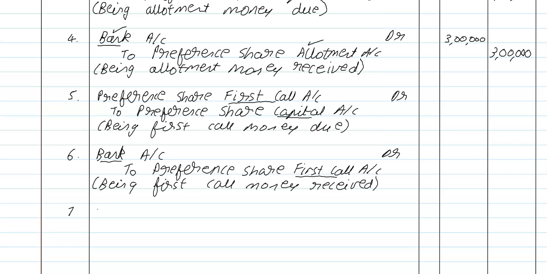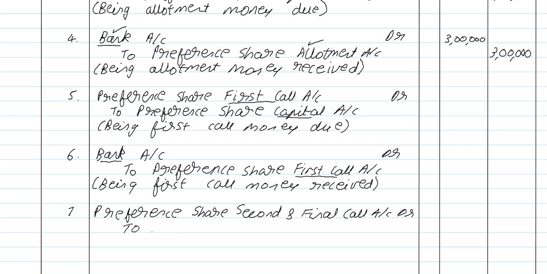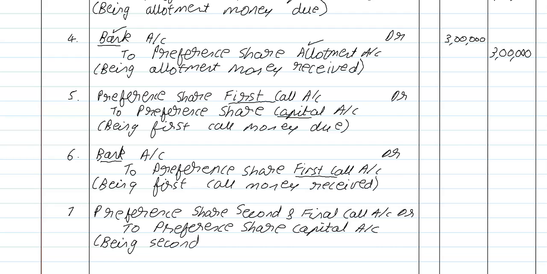Now second and final call. So preference share second and final call account debit to preference share capital account, being second and final call money due.